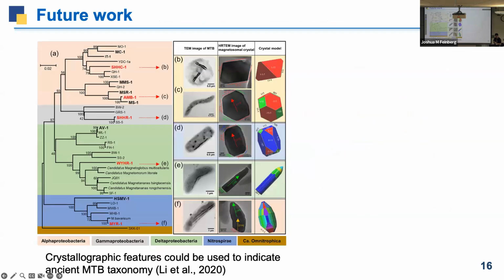And here is the future work. Some previous biological research has shown that crystal features could be used to indicate different MTB taxonomy. So if we know their crystal morphology, maybe we can predict their species.